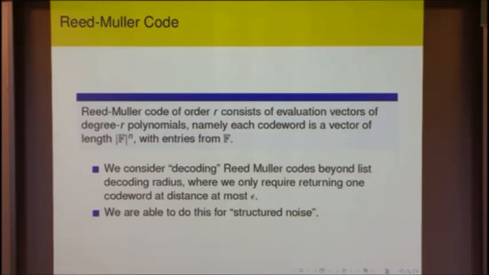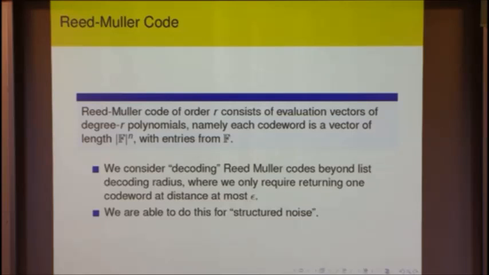In fact, it is larger than the list decoding radius. So we want to find some code word which is close to your given string. There can be exponentially many strings within the given distance, but you want to find some code word which is within this distance.